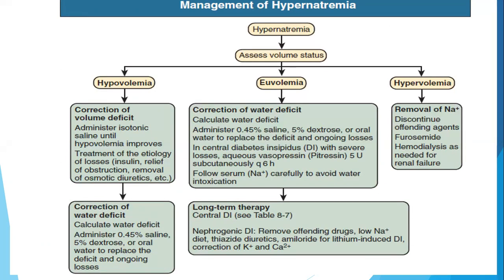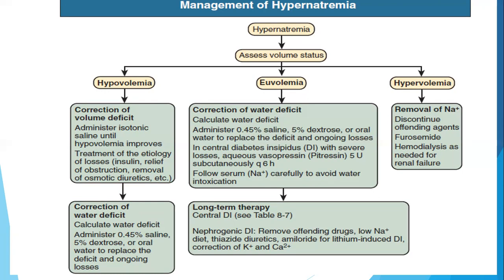In cases with central DI with severe losses, aqueous vasopressin can also be given, and the serum sodium needs to be followed very carefully. In long-term therapy and in nephrogenic DI, the mainstay of treatment remains removing the offending drug, low sodium diet, thiazide diuretics, amiloride for lithium-induced DI, and the correction of potassium and calcium.